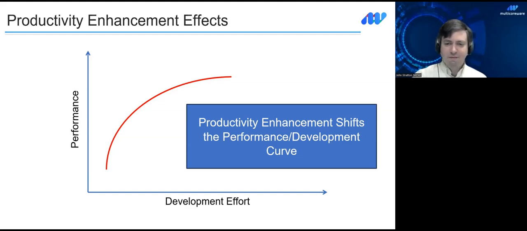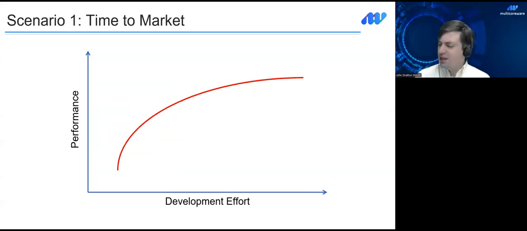Okay, fairly straightforward. When we start applying this to real projects that have to be executed on time and within budget and things like that, there are a couple of scenarios that I think we should understand. The first one is this idea of time to market.